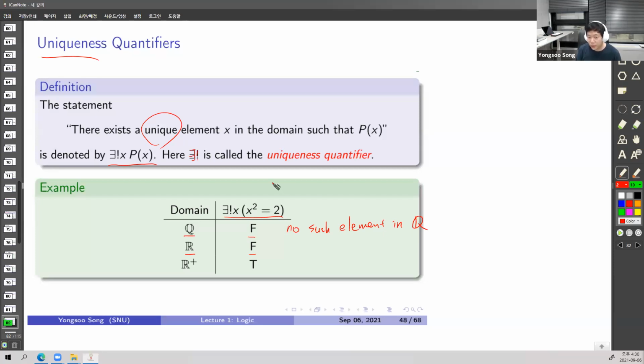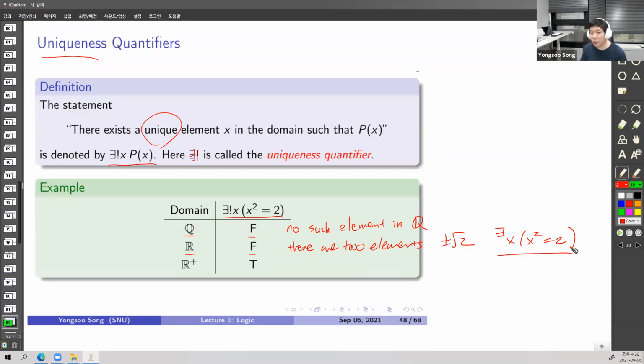Why? Because there are 2 elements satisfying this condition, plus and minus square root of 2. This proposition can be true if you simply write the existence quantifier.